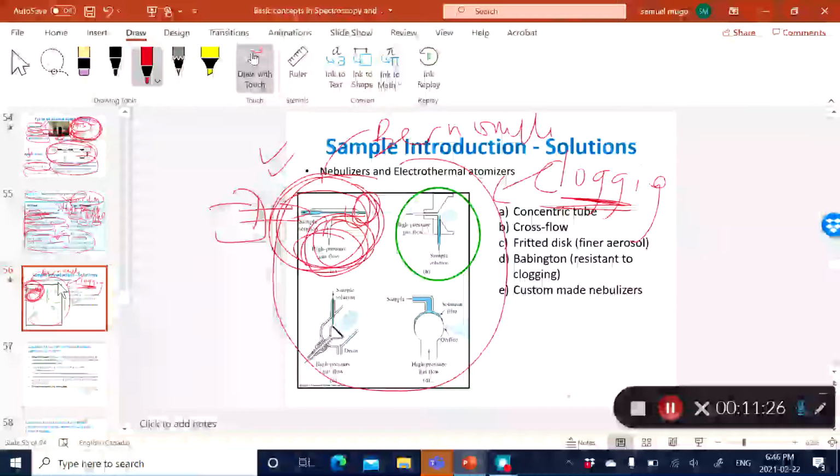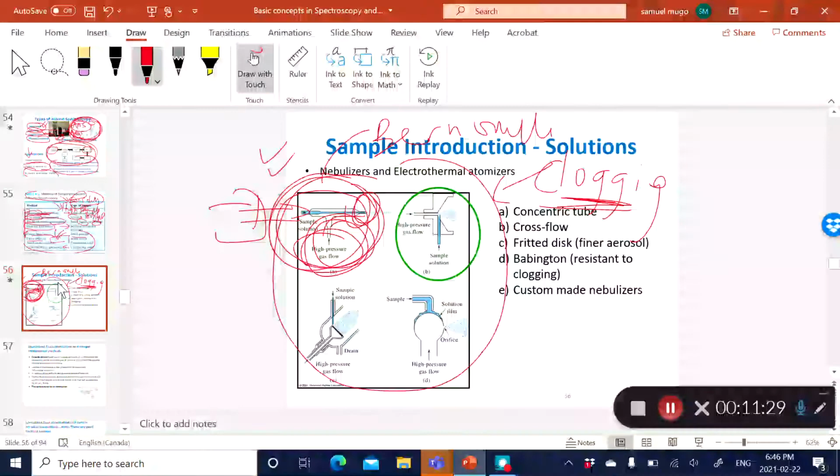Now, another type of pneumatic nebulizer is the cross flow. In the cross flow, the sample is being pumped using a pump, and then you've got a high pressure gas colliding with that solution.